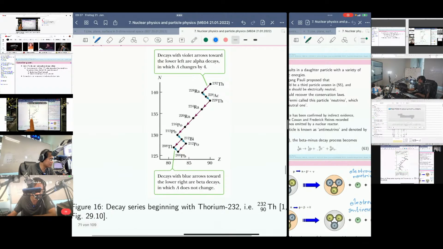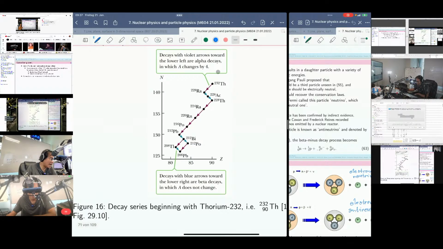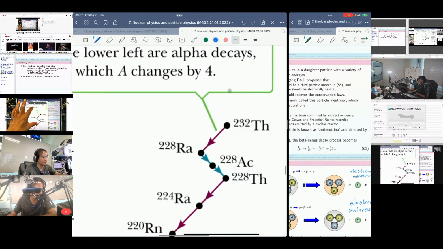Decays with violet arrows toward the lower left are alpha decay. They change their nucleons from 232 to 228, so they release 4 nucleons. They reduce their nucleons by 4, which means helium-4, the alpha particle. So thorium-232 becomes radium-228 in this violet step, and we get the alpha particle from this route.